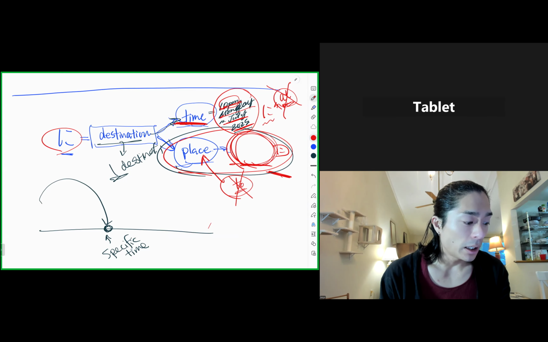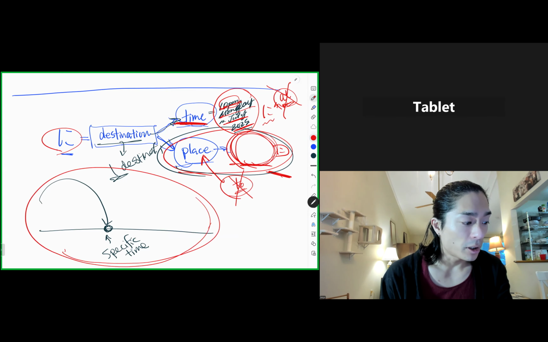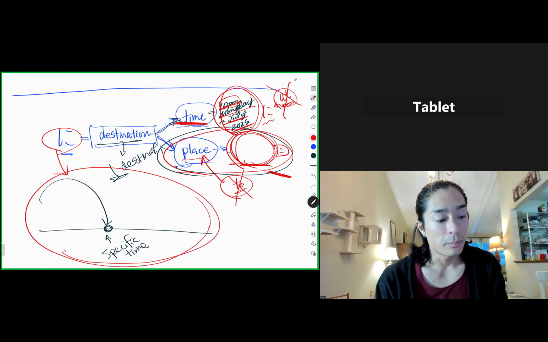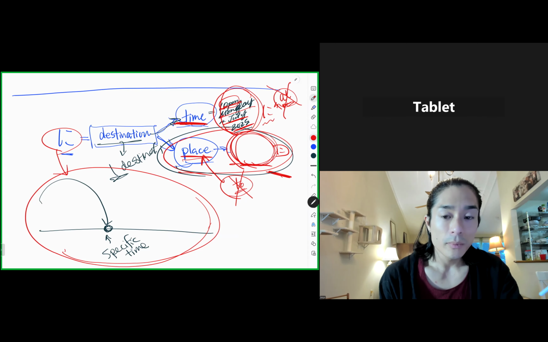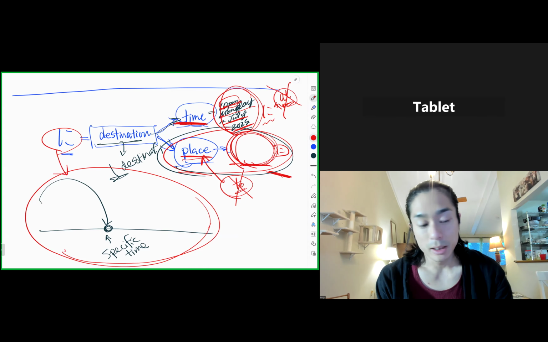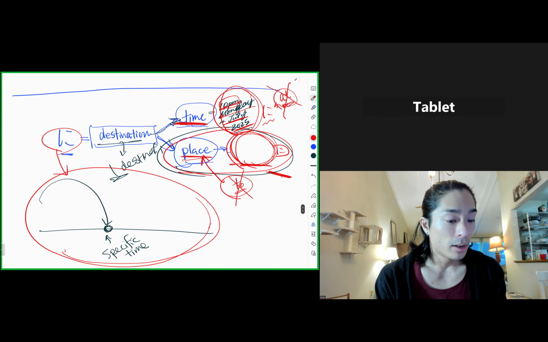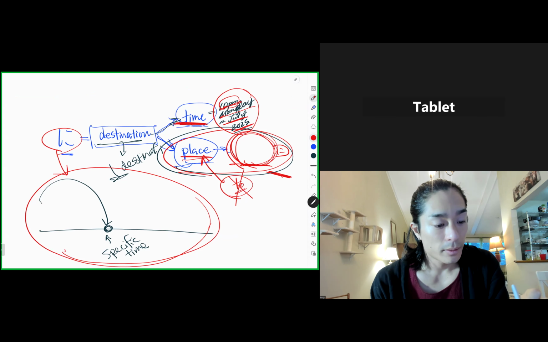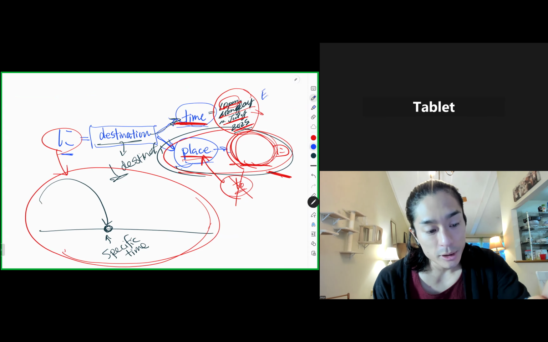Okay, so I want you to have this image for the particle ni. Just one destination, meaning in terms of time, specific time, in terms of place, destination. The reason why I'm really emphasizing this one destination is because we do have some exceptions where we cannot use ni in these three situations.